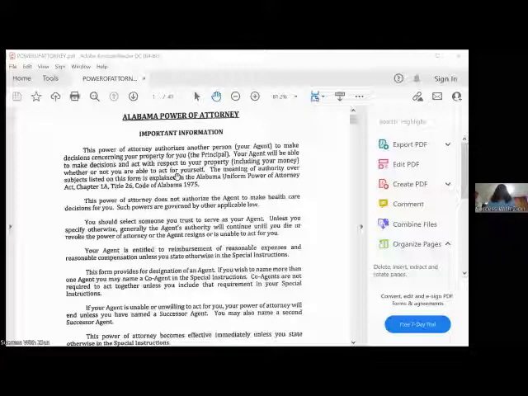The meaning of authority over subjects listed on this form is explained in this particular document, the Alabama Uniform Power of Attorney. It does not authorize the agent to make healthcare decisions, to select someone they trust as their agent, and the agent is entitled to reimbursement and reasonable expenses and reasonable compensation unless the principal states otherwise in the special instructions.